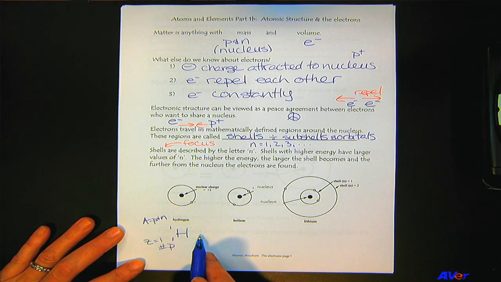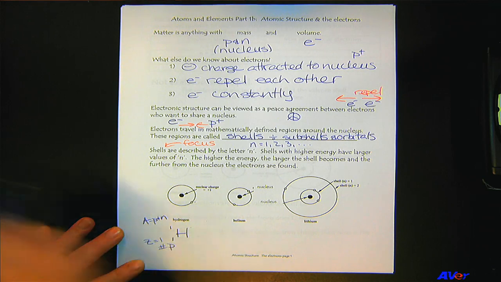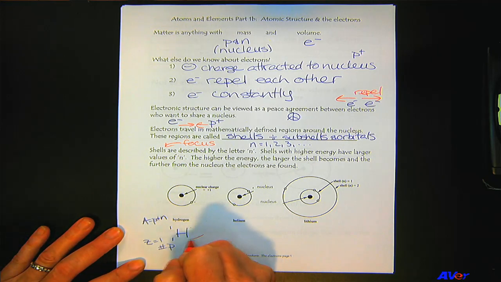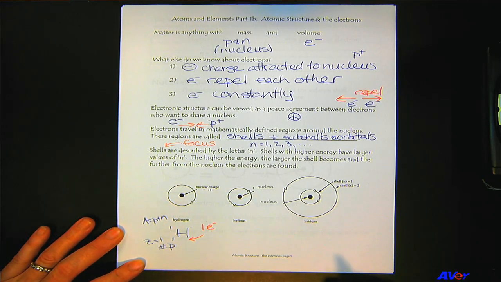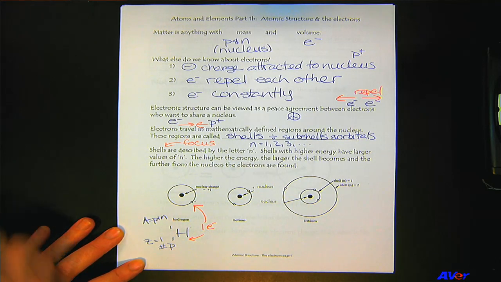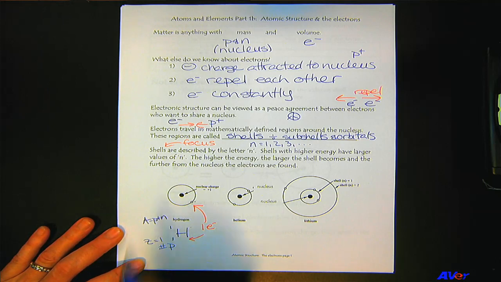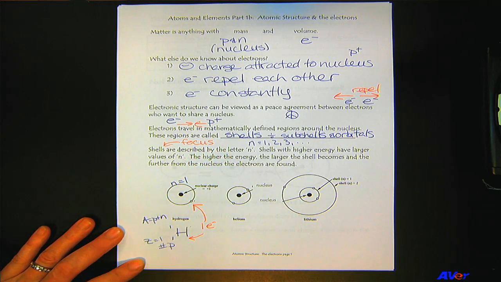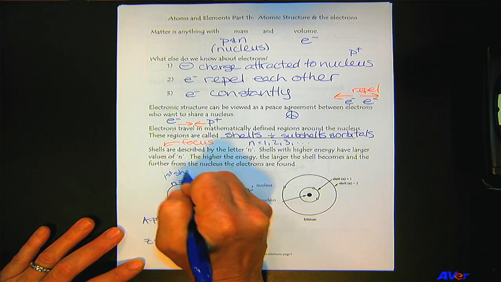Now, how many electrons would we have? Well, this is a neutral atom, so if it has one proton, it's going to have one electron, and that electron is symbolized right there in the first shell. So we would symbolize this as the N equals 1 shell, our first shell.